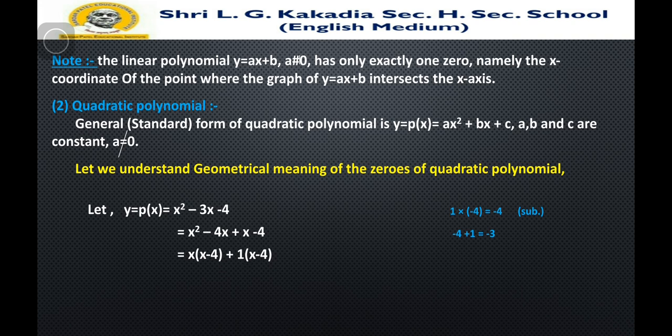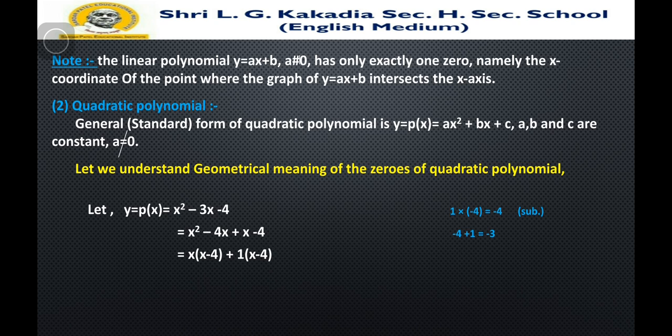So then we now divide these 4 terms in two groups. The first group is x square minus 4x, and the second is x minus 4. Now we first extract the common term from the first group, x square minus 4x, and then find the common term from x minus 4.